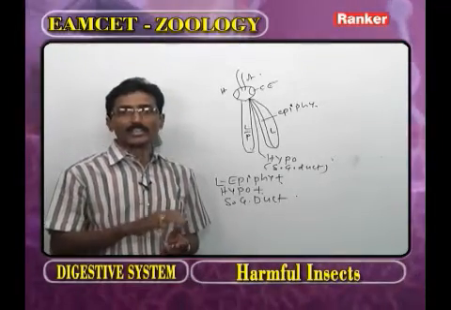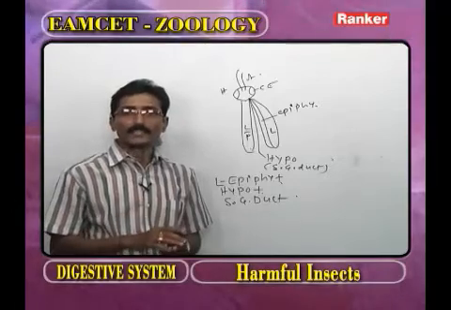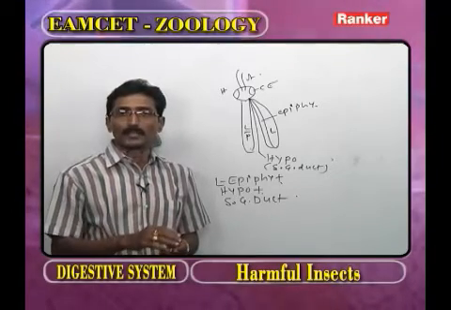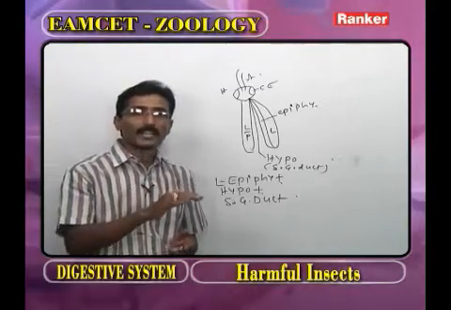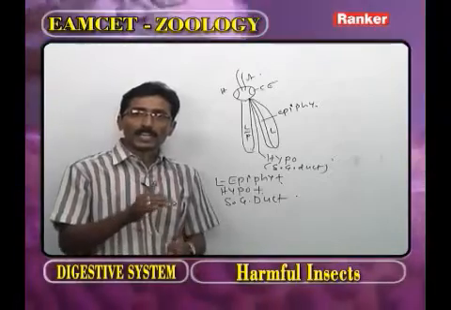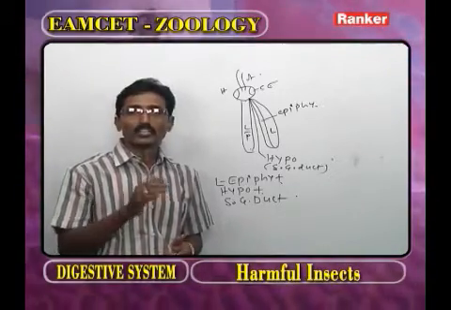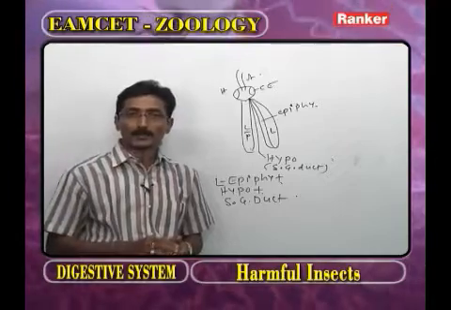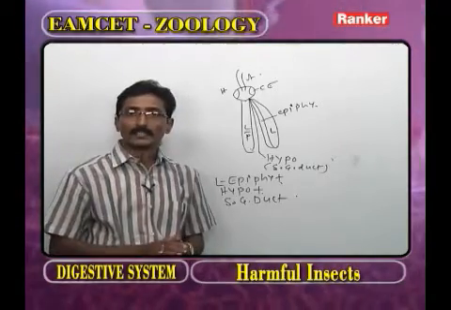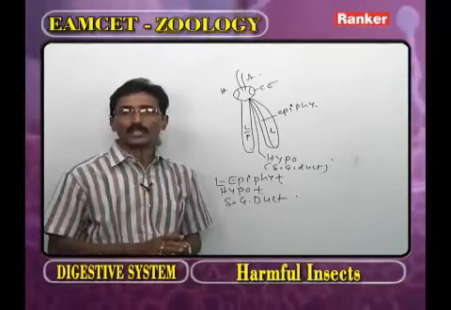In the adult stage of these insects, what type of mouth parts are present? Piercing and sucking. Whereas in the larval stage, biting and chewing. But here one exception is present: the lac insect, which is purely herbivorous.